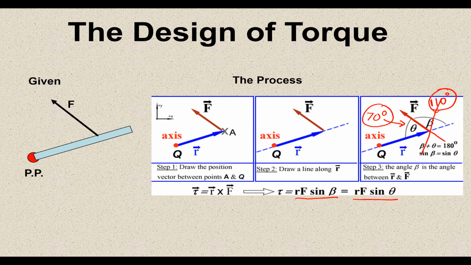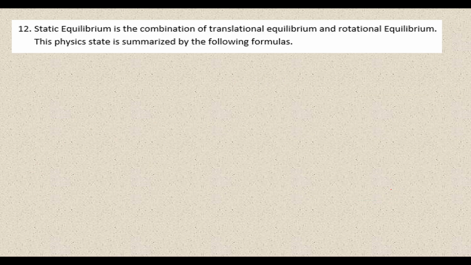And here's our recap of static equilibrium. Static equilibrium is the combination of translational equilibrium and rotational equilibrium. This physics state is summarized by the following formulas.